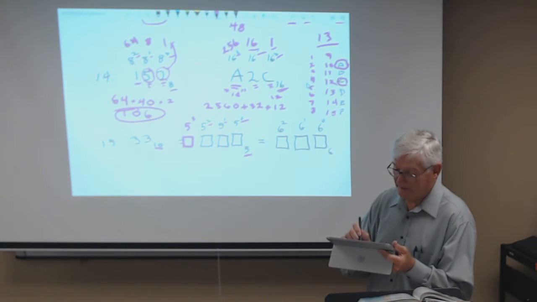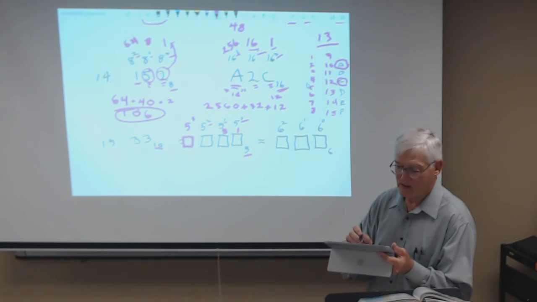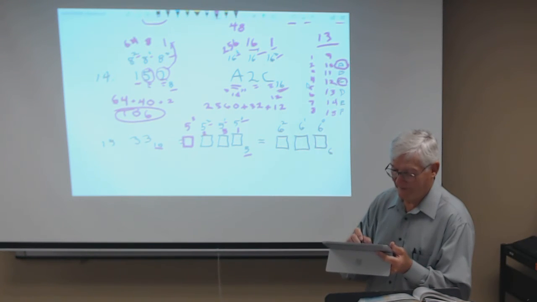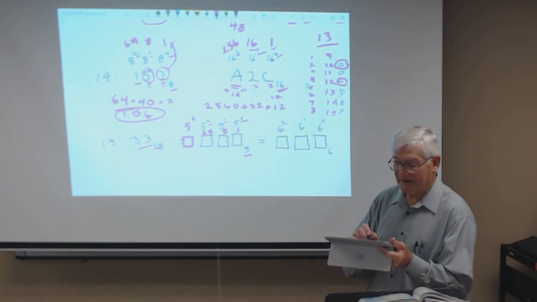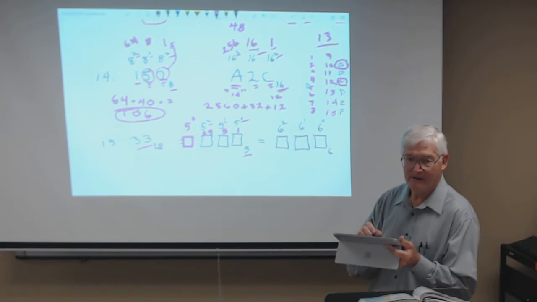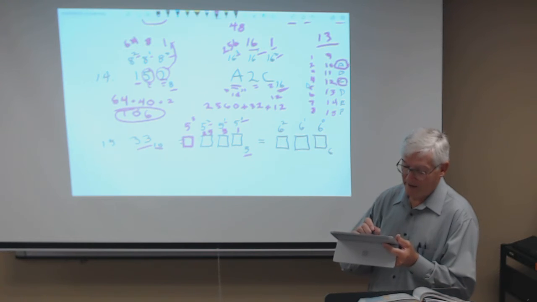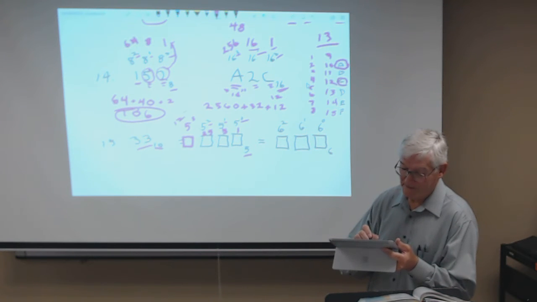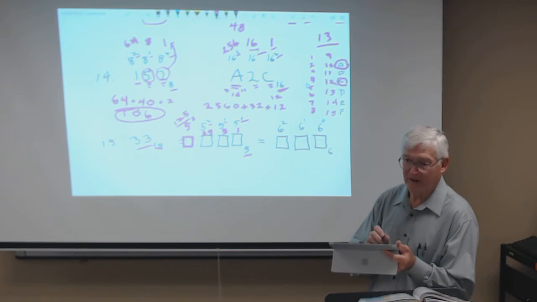This is the 1's place. This is the 5's place. What's 5 to the second power? 25. This is the 25's place. So 33, can you see where the next one, 25 times 5 would be what? 125. That's way too big for 33, isn't it?